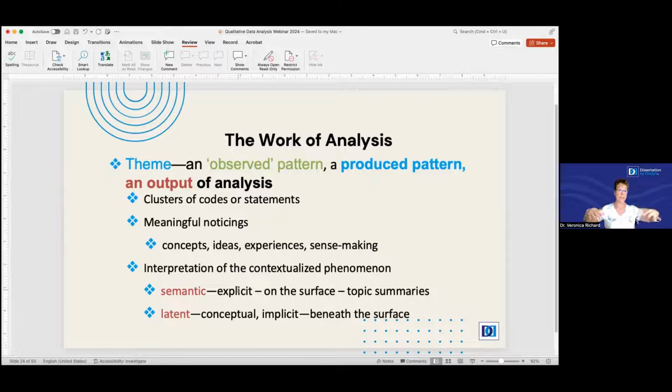What are the facts? How are people describing something? But almost all other designs require a little bit deeper interpretation, and that is what is behind those words. What is behind the facts, and that's where we get that latent understanding.